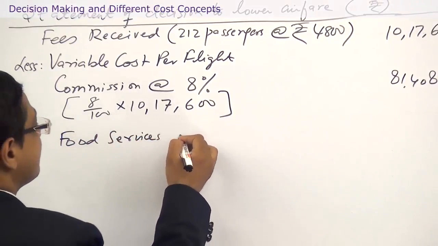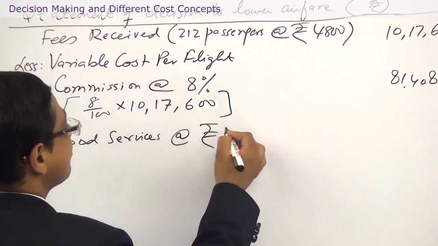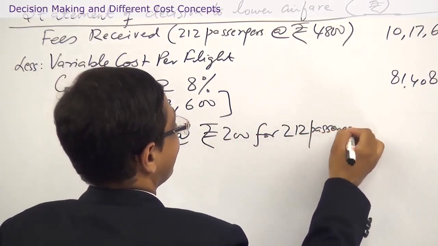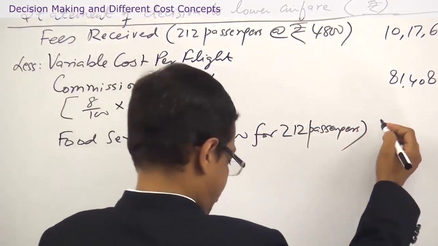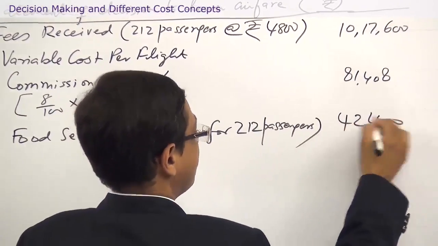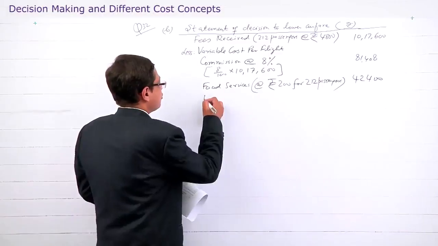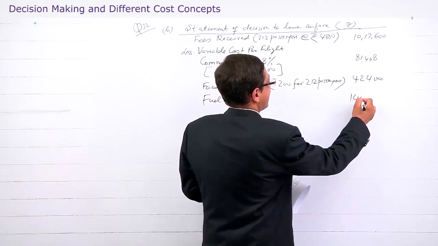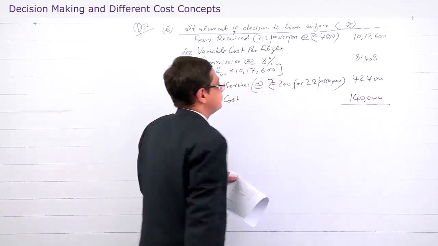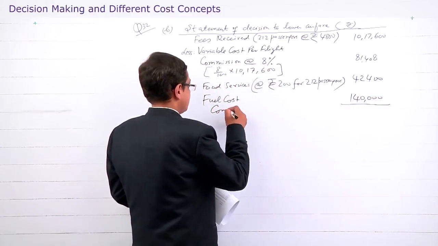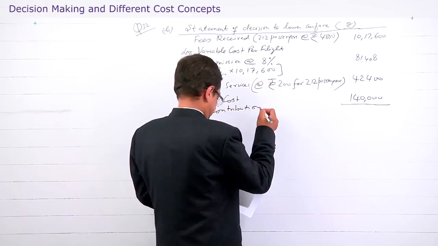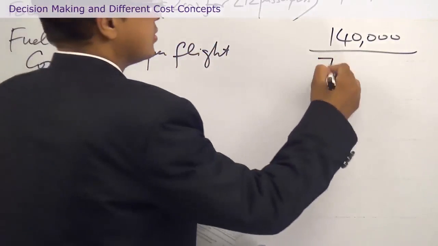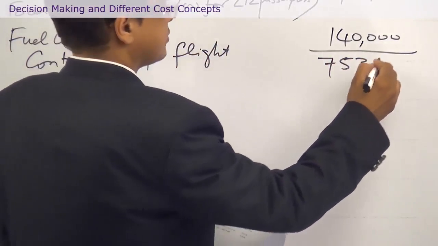This is at the rate of rupees 200 for 212 passengers. This works out 42,400. Fuel cost remains unchanged. You have to bear it. So contribution per flight comes out 7,53,792.